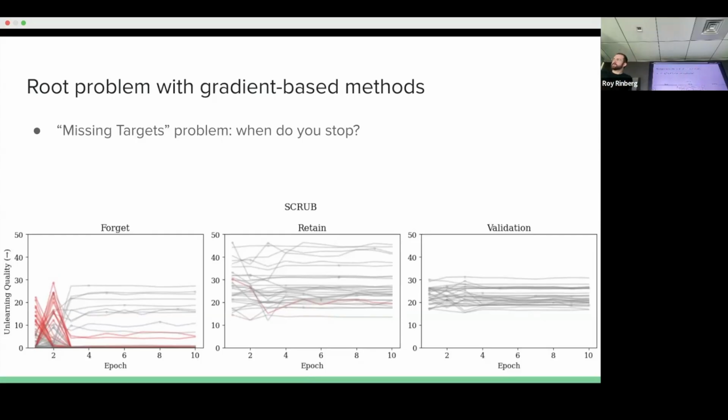Two questions. So what are the multiple lines representing? And the second question, is there a regularizer? Multiple lines, each line is a different data point. So you're asking about this picture, like a picture of you, a picture of Alex: different data points in my forget set, in your retain set, in your validation set.